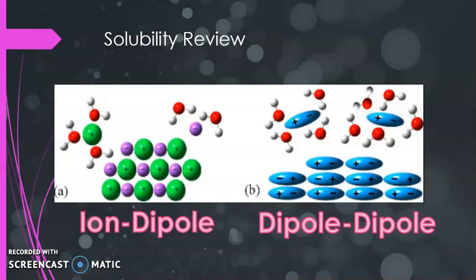You can see clearly that the positive hydrogen atoms are attracted to the negative part of that little blue molecule, and that the negative water molecules are attracted to the positive end of the blue molecule. That's again called dipole-dipole interactions. It still creates that same water shield, pulling the molecules off of the covalent crystal lattice and into the water.